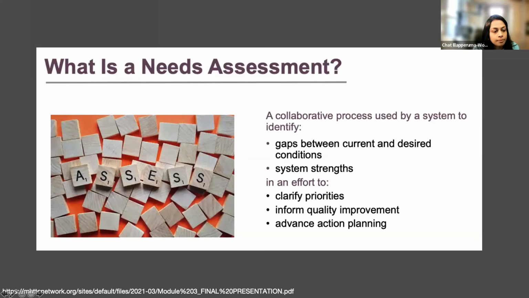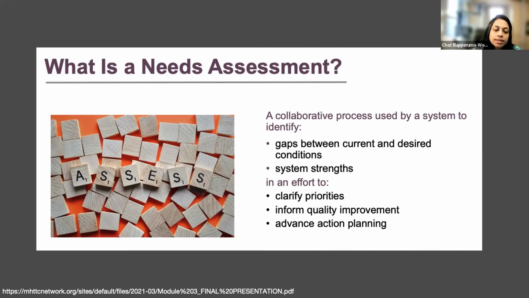Before we dig deeper into our topic today, which is needs assessment and resource mapping, I just wanted to give you an overview of what these two processes mean. Let's first understand what a needs assessment and resource mapping are and what they look like in the schools.